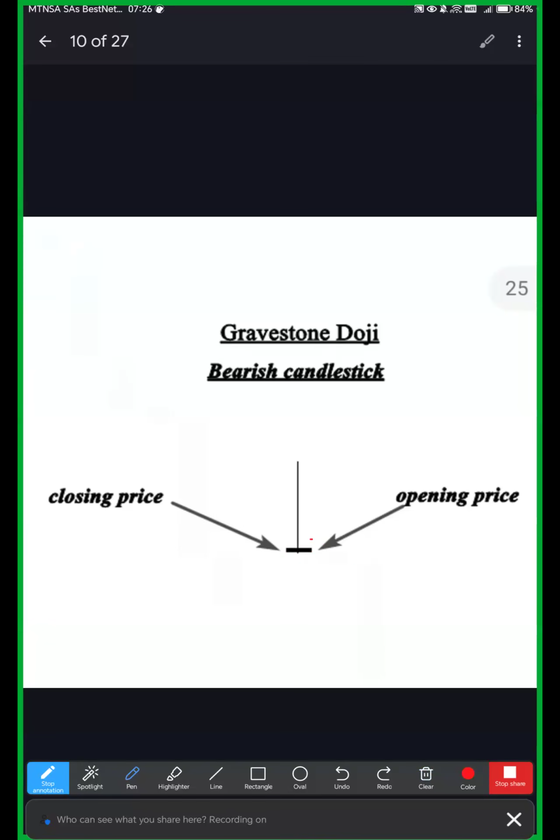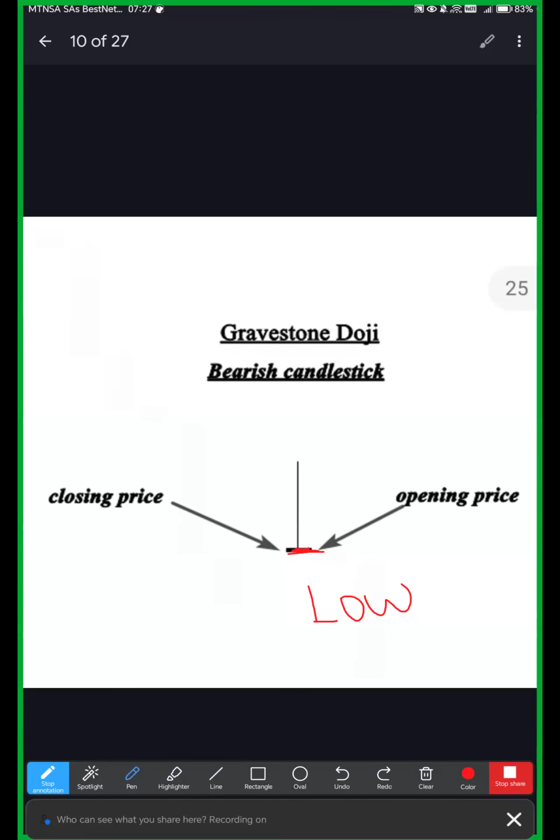But in this scenario there is no shadow. So where the price closed happened to be the low of the market. So the gravestone doji happens when the open, low and the close are at the same price.